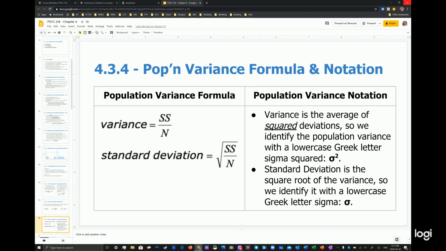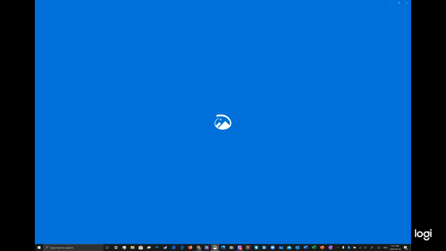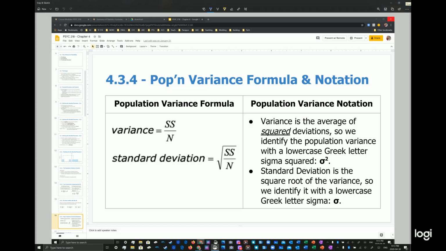Okay, so here are some notations for the population variance formula. Again, it's big N because we're dealing with population, not n minus 1.